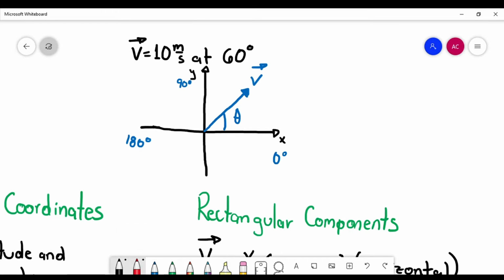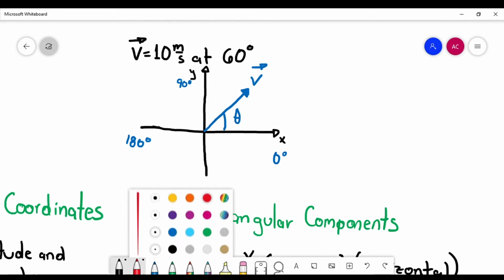But as I said before, every vector, no matter what, has two rectangular components. Well, that is because we are talking about 2 dimensions. If it were 3-dimensional, it's going to have 3 rectangular components. But in this case, it's going to be only 2 because it's 2 dimensions, x and y.